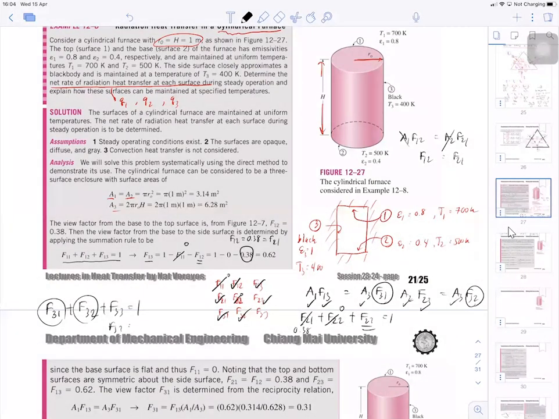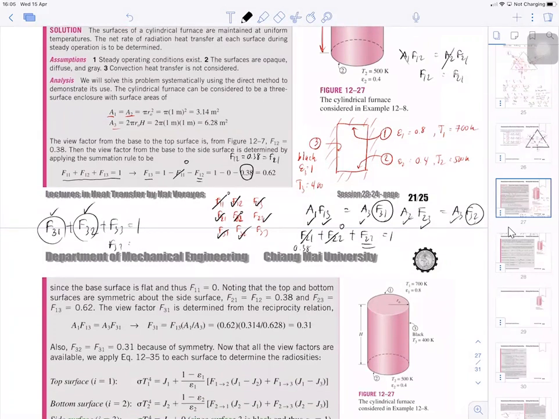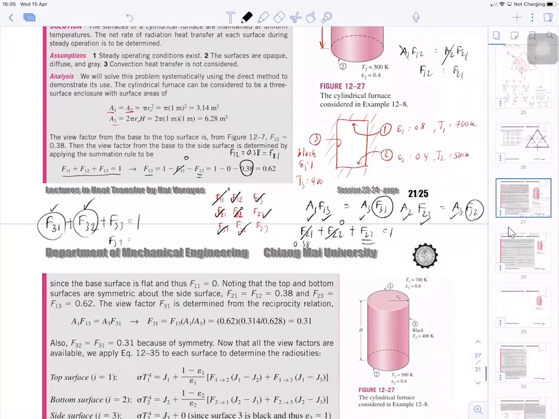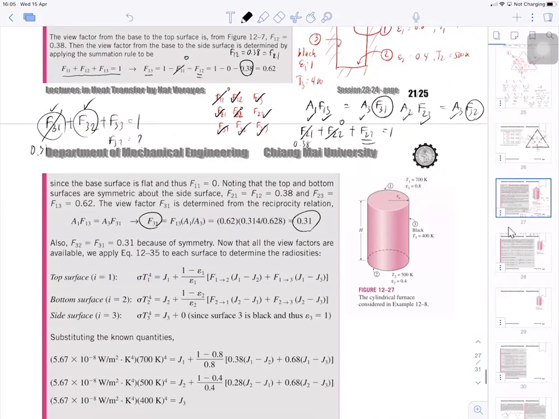It's interesting if you want to find it. So F31 is equal to 0.31.